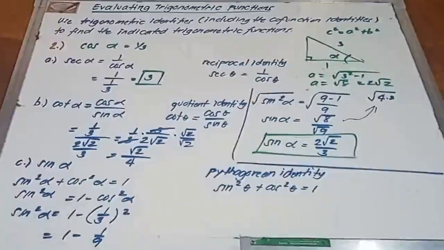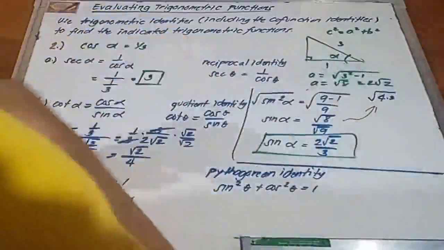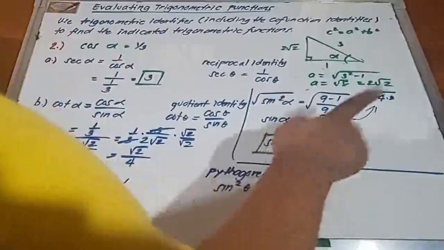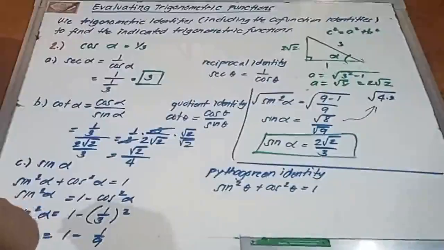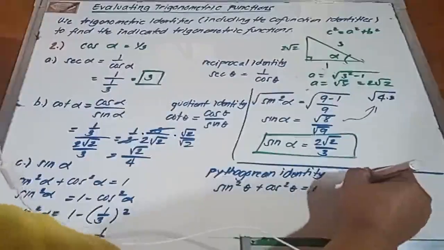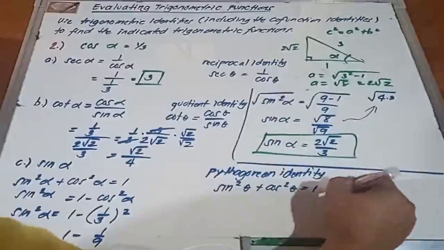Okay. Check natin. Sine alpha. Ito ay 2 square root of 2. So, therefore, sine alpha is opposite over hypotenuse, 2 square root of 2 over 3. Correct. How about cotangent? That is adjacent side over hypotenuse, 1 over 2 square root of 2.